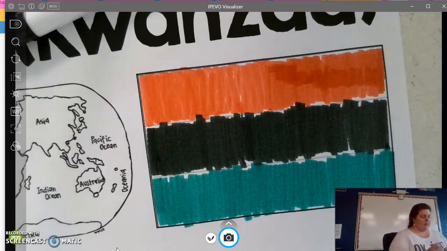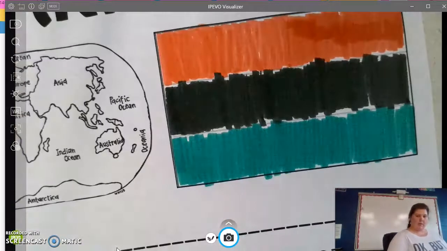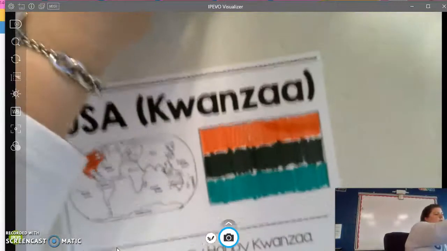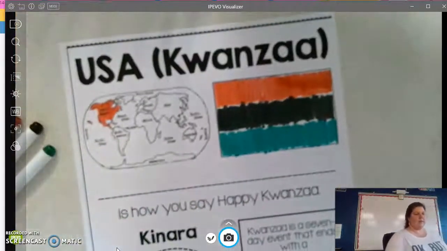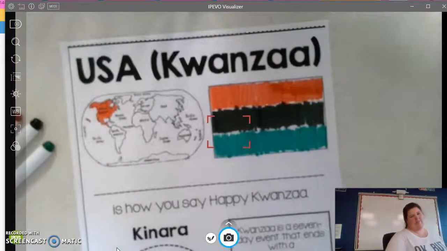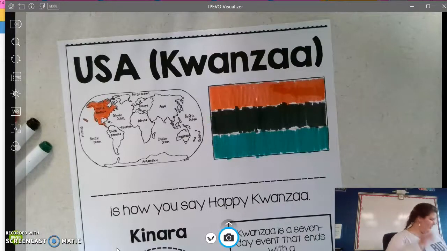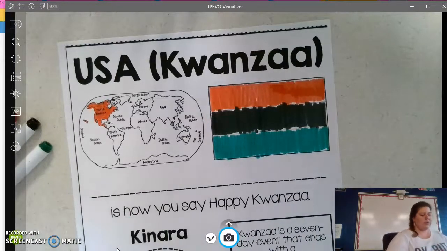Alrighty, here is our map. I'm going to make this color so we can see the rest of our page and focus it a little bit more. My red always looks orange. How do you say Happy Kwanzaa?